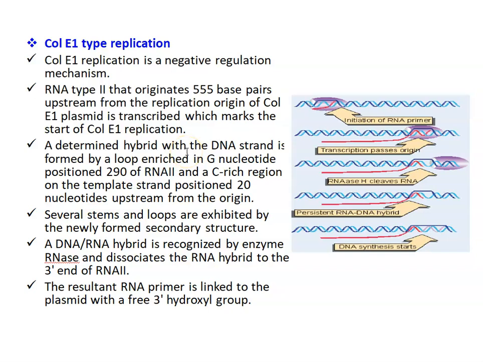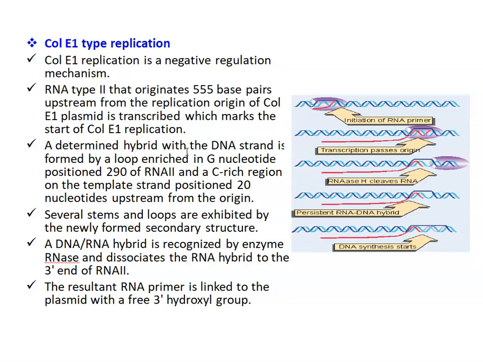Col E1 replication is a negative regulation mechanism which enables the plasmid to control its own copy number by involving RNA type 1, RNA type 2, Rom protein, and the plasmid itself. Col E1 replication is initiated by means of RNA-RNA interaction and doesn't rely on a plasmid-encoded replication initiation protein to regulate its copy number.